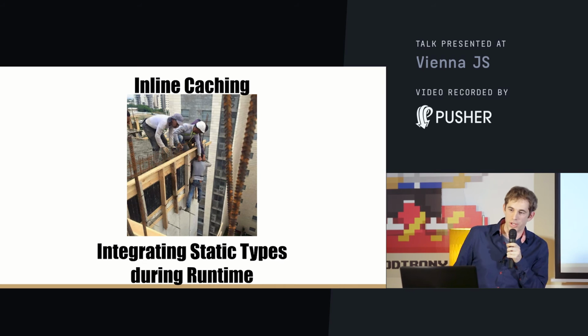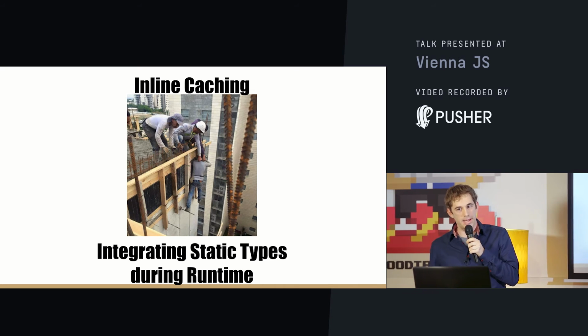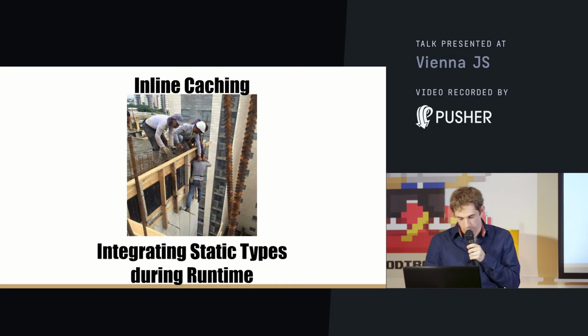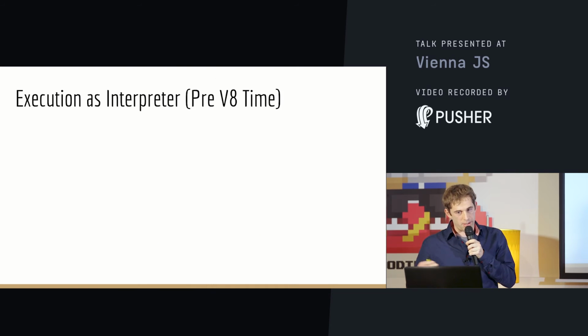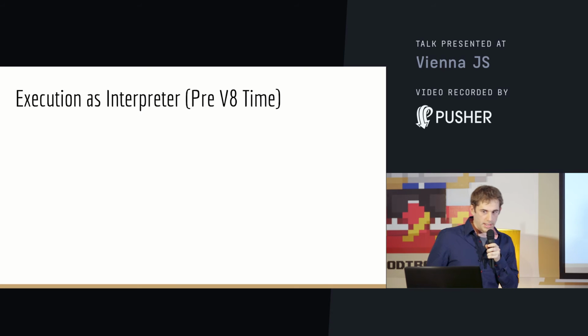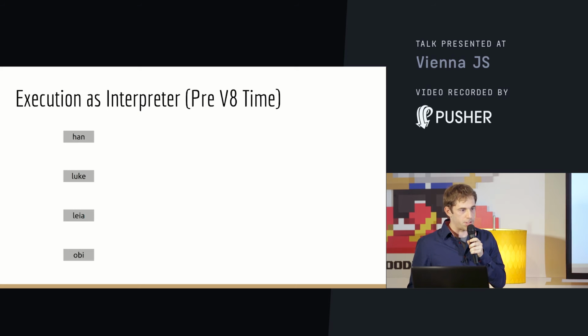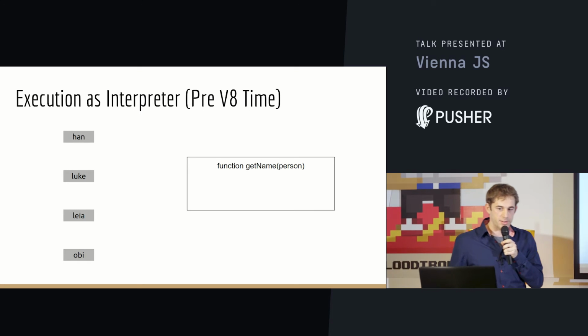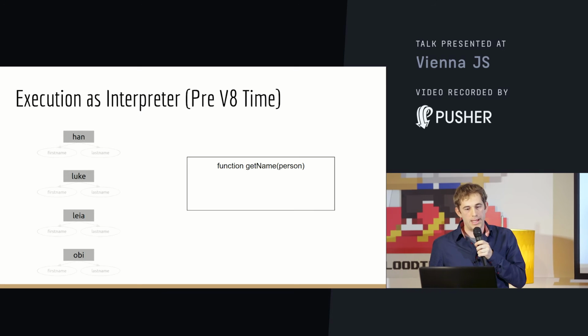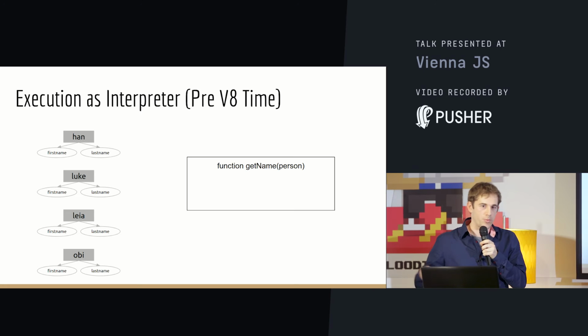I also want to show how inline caching works by using our example of the Star Wars character movies we had before. So let's look at the scenario when the interpreter is running: we have our 4 objects and we have our function, and these objects are equipped with the properties first and last name, and they are passed as arguments to this function.